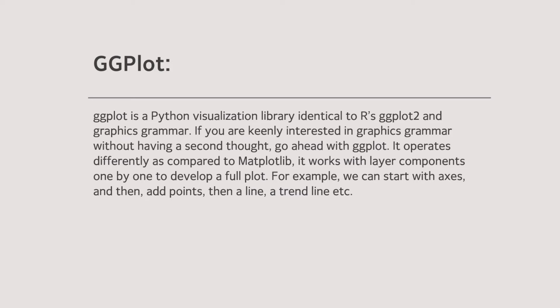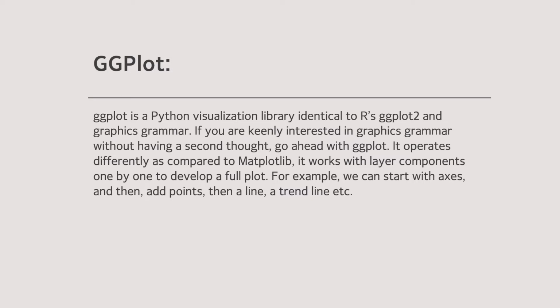Every graph in ggplot is built using at least three components. The first one is the data and how data points are mapped to each other, followed by a set of geometric objects also referred to as Geoms, visual marks that represent the data points like bars, dots, or lines, and a coordinate system.